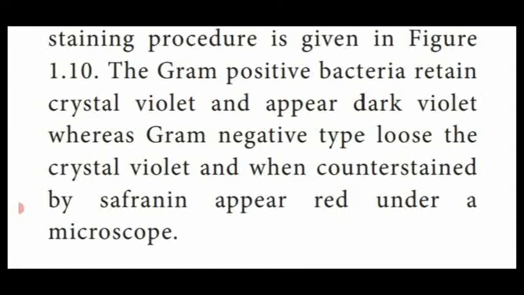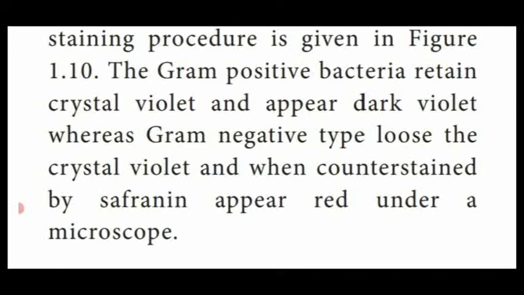Dear students, once again we recall the answer. The gram-positive bacteria retain the original color, that is crystal violet, and appear dark violet. There is no change, light color into dark color. But the gram-negative bacteria lose the crystal violet color.